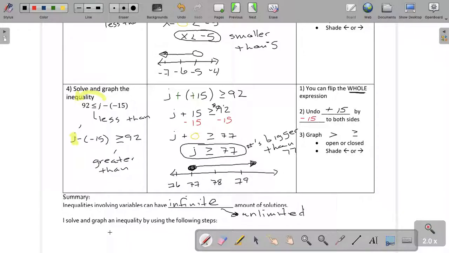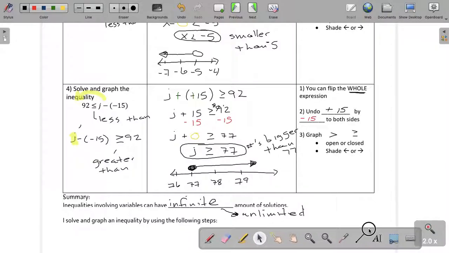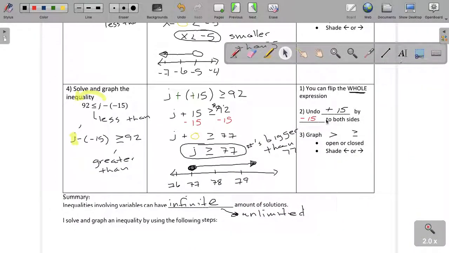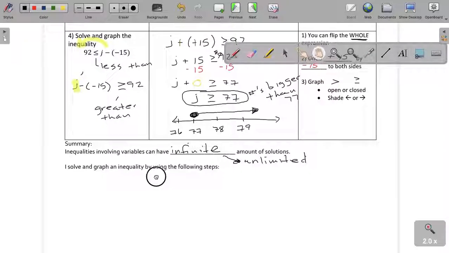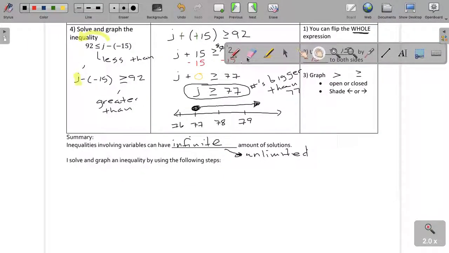Okay. I solve and graph an inequality by using the following steps. What did we do here? Hold on. I need to get rid of something off the bottom of the paper here. Okay. I solve and graph an inequality by using the following steps. Well, what do we do?